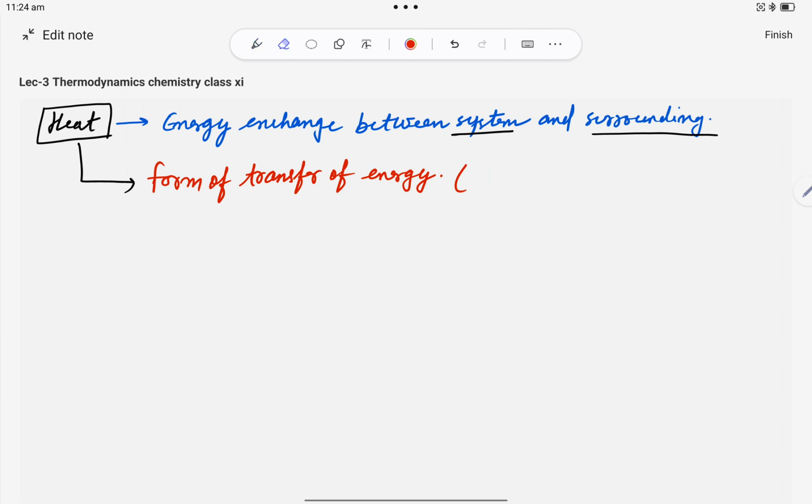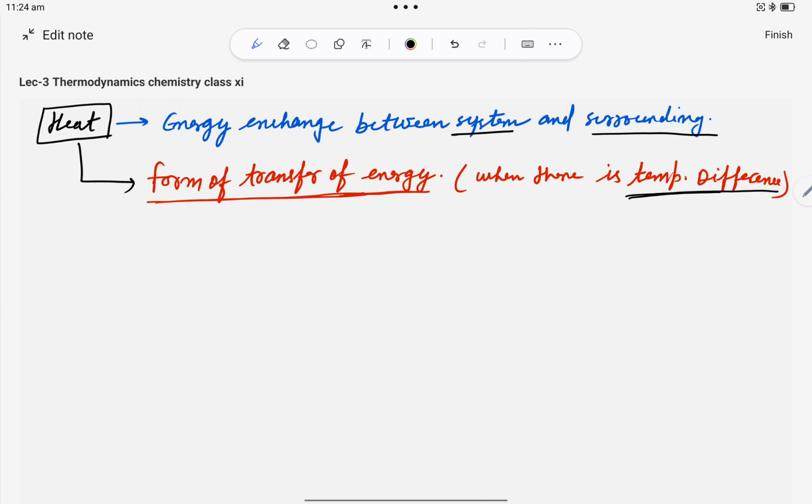That is your heat, a form of transfer of energy, when there is a temperature difference. If temperature difference is not there, then it is not possible. If temperature difference is there, then only it is possible.